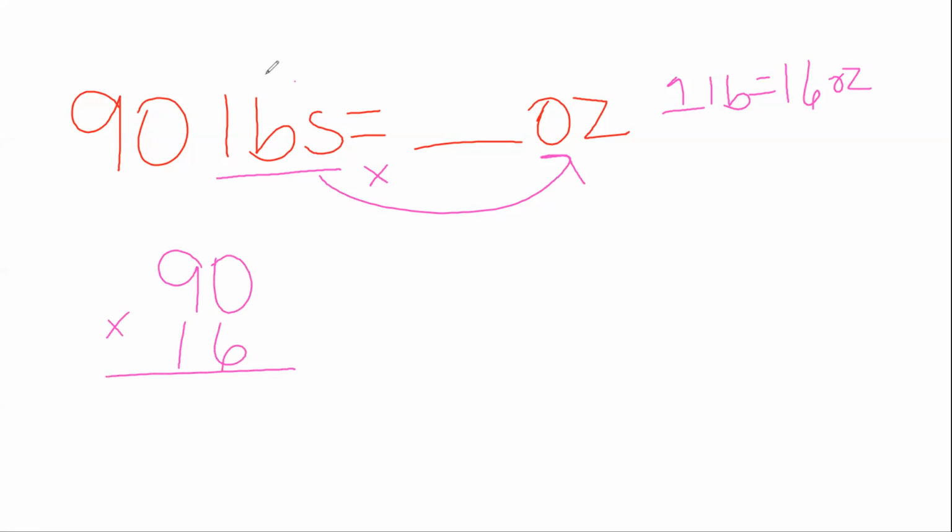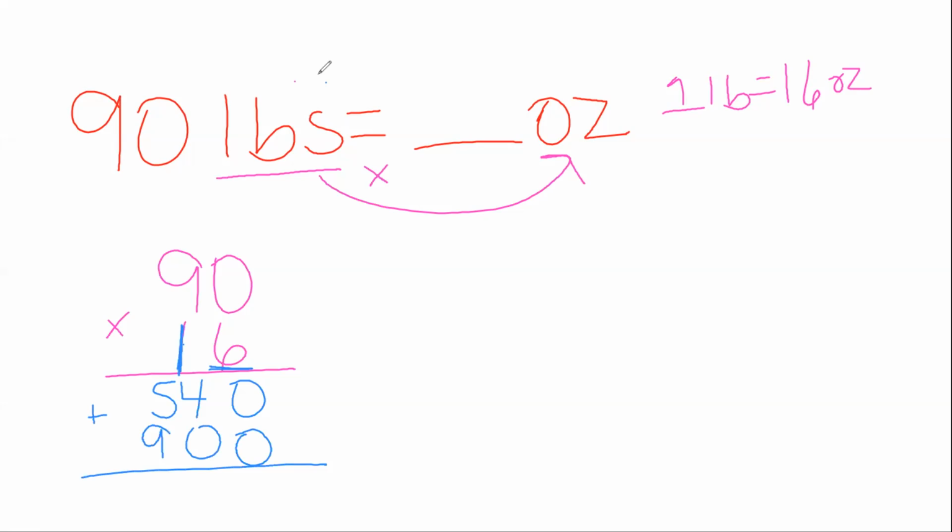I'm going to get a different color here, and I'm just going to go with my algorithm. Remember, you take your first digit in the ones place against all numbers. So 6 times 0 is 0, and 6 times 9 is 54. I don't have to regroup because I don't have any more places to go. I'm going to add my placeholder 0 in here because this is really not 1, remember, it's 10. 1 times 0 is 0, and 1 times 9 is 9.